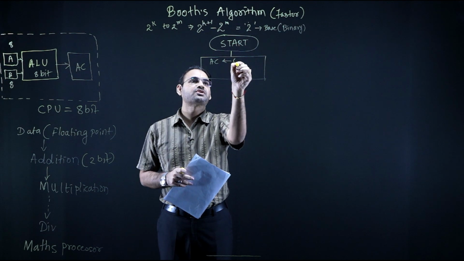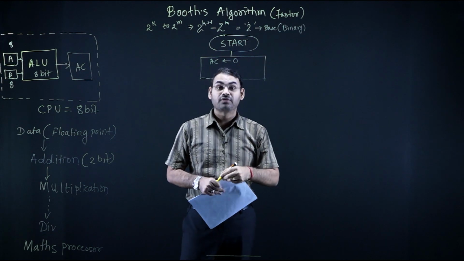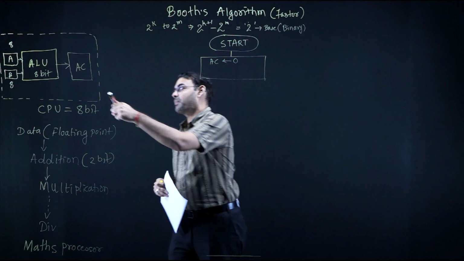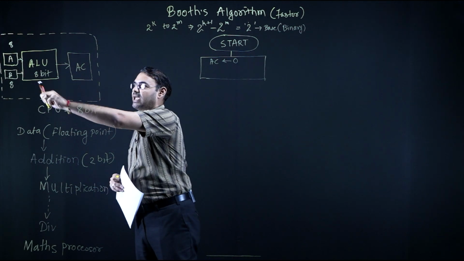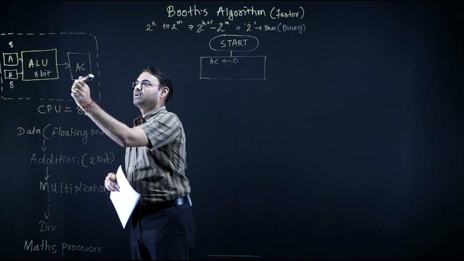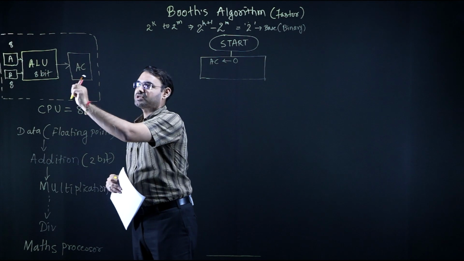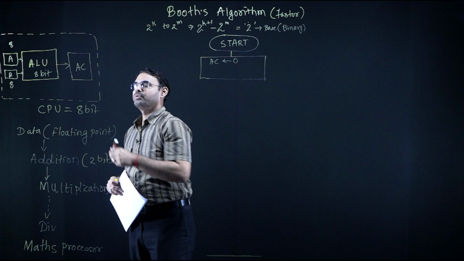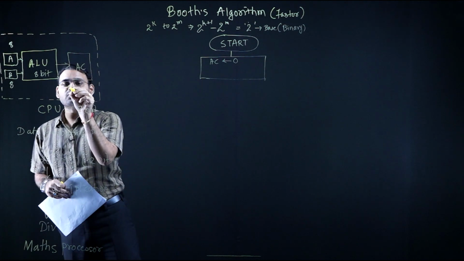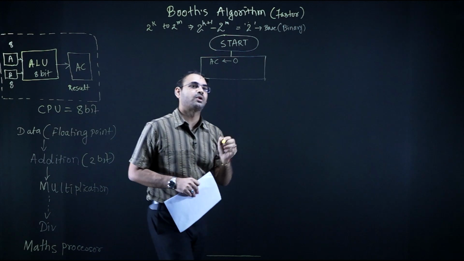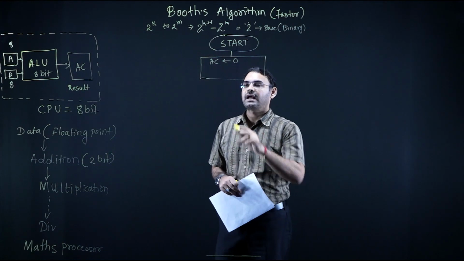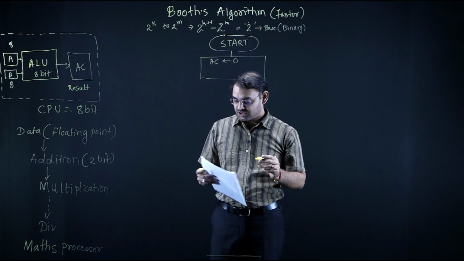Initially the accumulator is 0, because if we take two numbers, A and B, of 8 bits, the ALU performs the operation and the result comes over here, which is called the accumulator. I do not want a garbage value in my result, that is why I take AC, the accumulator, as 0.